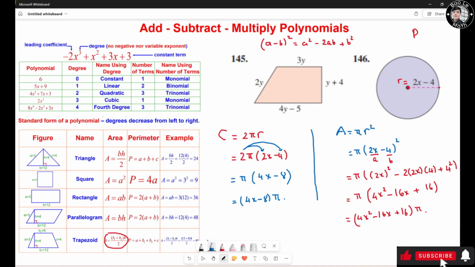Now the second way is you can write 2s minus 4 all together squared as 2s minus 4 times 2s minus 4, like this. And then you can apply the box method, and you distribute it and you still get the same answer right here. Alright, and it's a good time to stop.